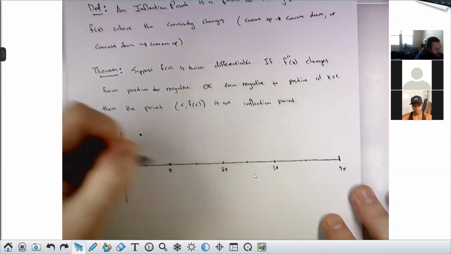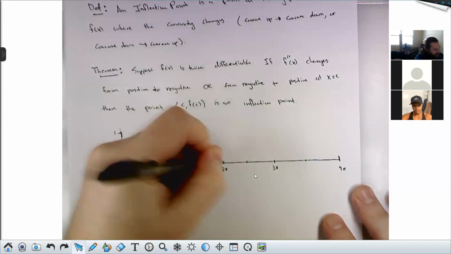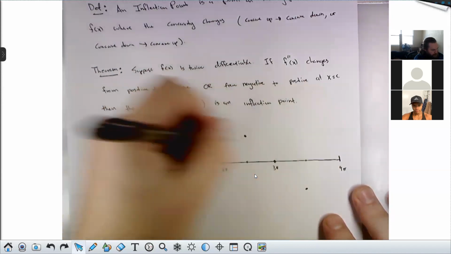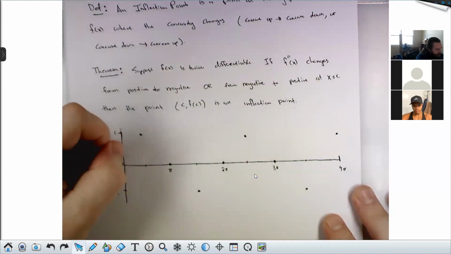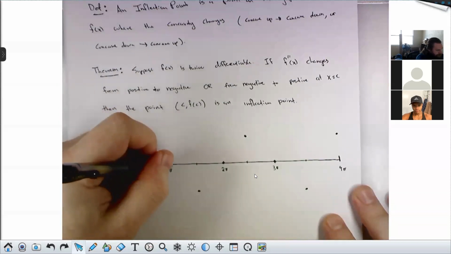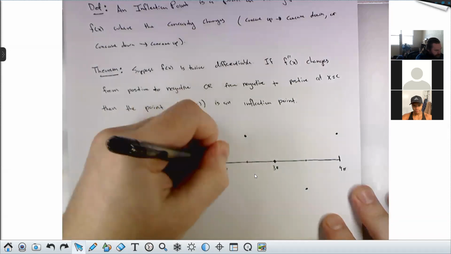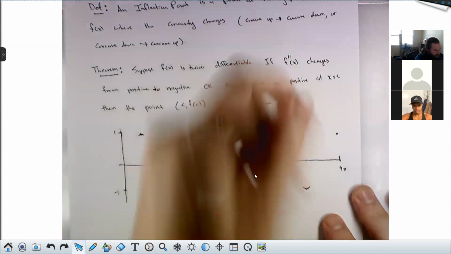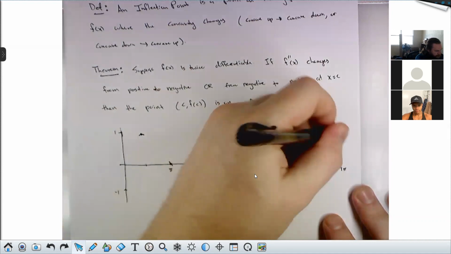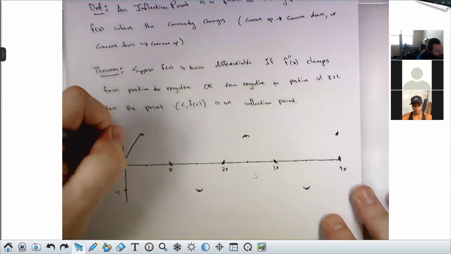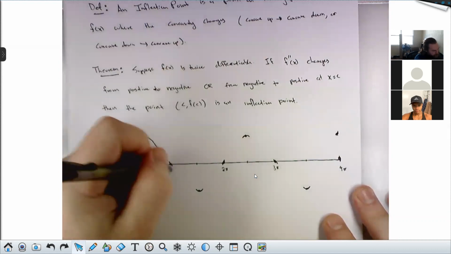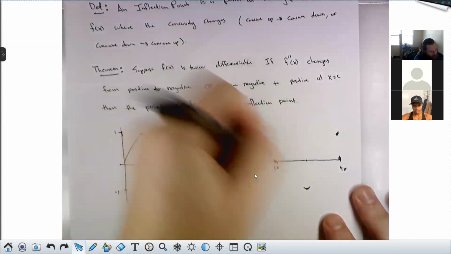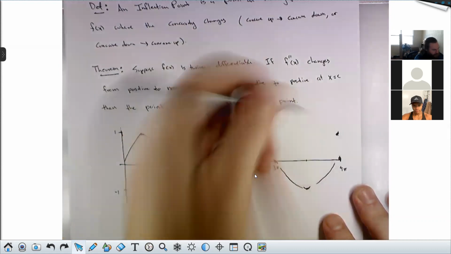So you know what sine looks like. Oh, sorry, this isn't going to be up here, so it's going to be right there. Like this.